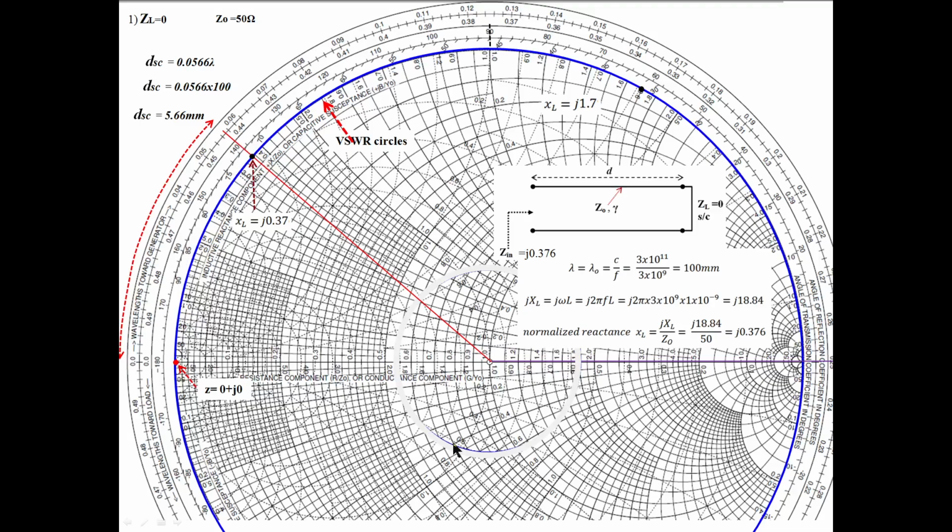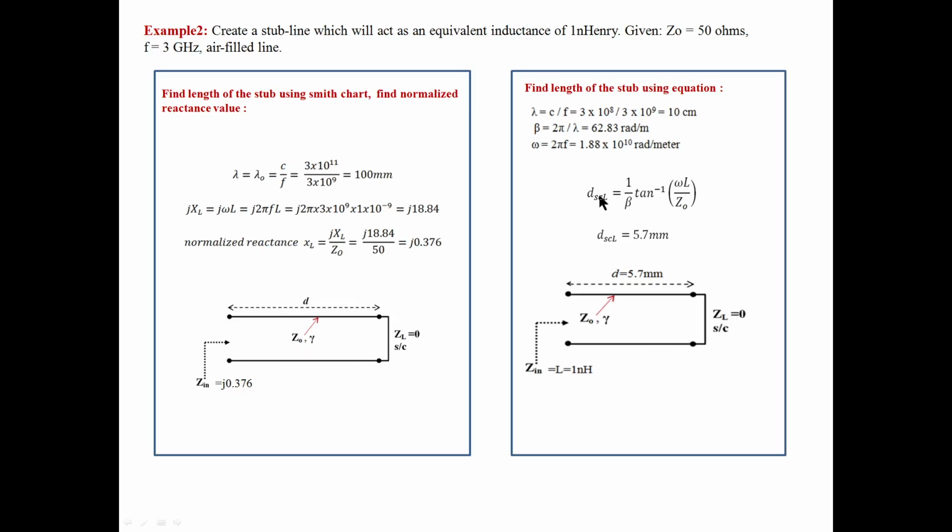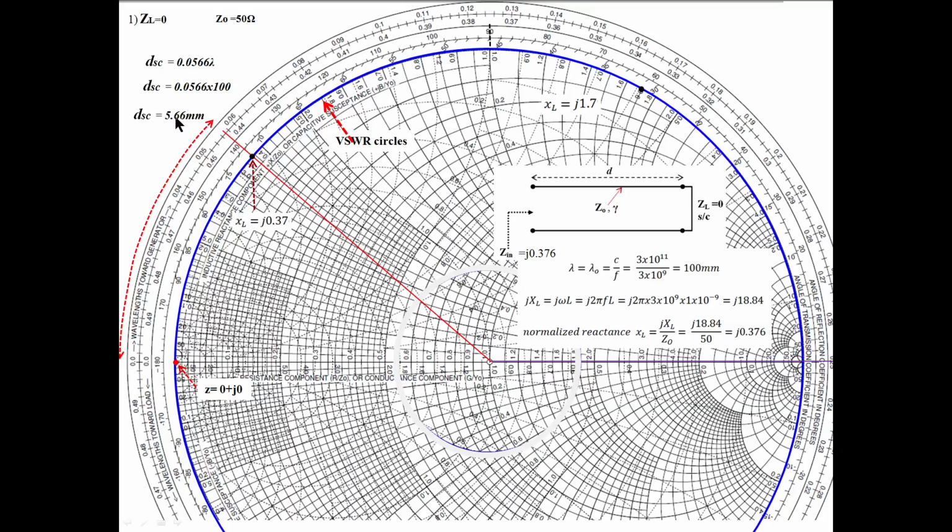So like this we can find the length of the stub instead of using the equation. Otherwise you should use this equation, you should remember it, and calculate tan inverse and all these things properly to get this value. This is 5.7, and we got 5.66 here, which is approximately 5.7.